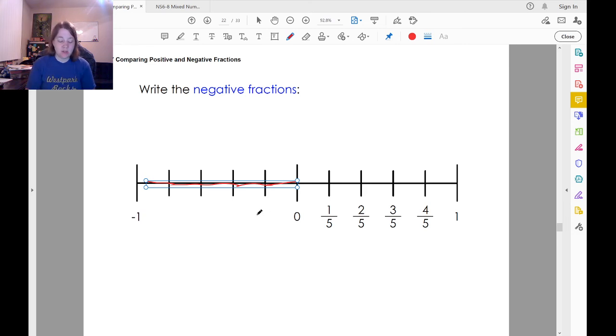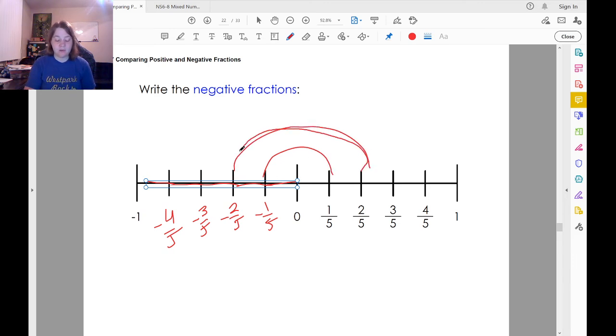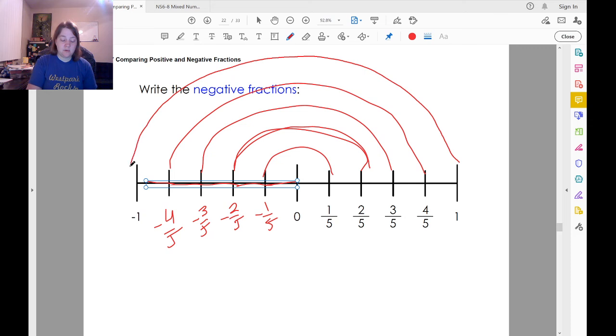It's going to be close to 0. -1/5, -2/5, -3/5, -4/5. And look at how the 1/5 are equidistant from 0. The 2/5, whether they're positive or negative, are equidistant from 0. The 3/5, the 4/5, and the number 1.